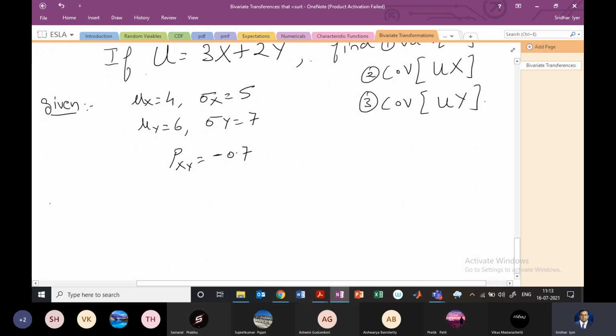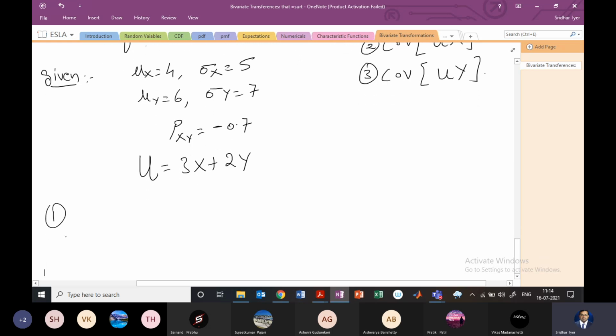And what we need to find is those three values, variance and covariance. So let's first see the first part where we need to find the variance of u. What we are also given, let me also write that, is u is 3x plus 2y. With these values that we have, we need to first find variance of u.